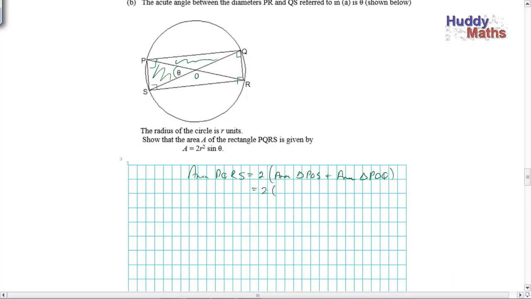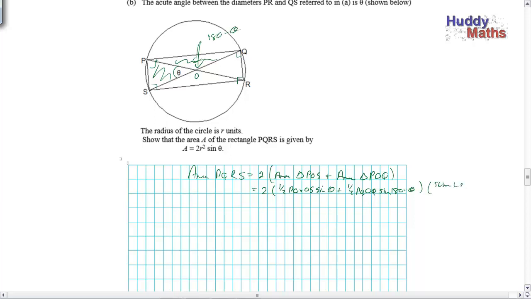Okay, POS, that's half the product of PO by OS by the sine of theta. The area of the other one up here is half the product of PO by OQ by sine of 180 minus theta. Because this angle in here, angles on a straight line, 180 take theta.